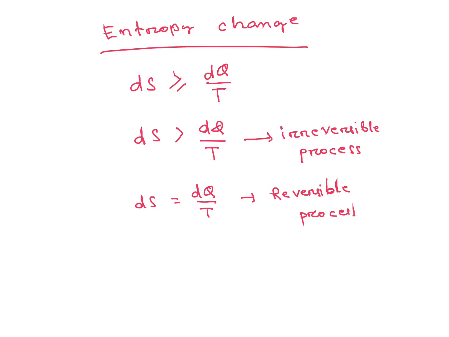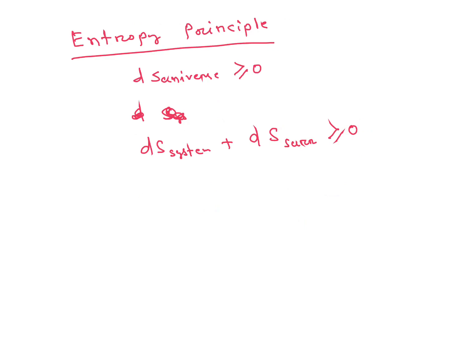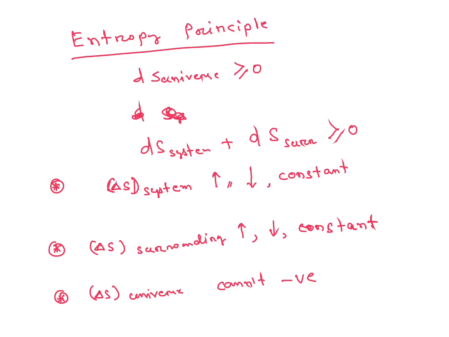And from entropy principle, change in entropy of universe is always greater than or equal to 0. It can't be negative for universe. And change in entropy of universe is change in entropy of system plus change in entropy of surrounding. Change in entropy of system can increase, can decrease, or can remain constant.